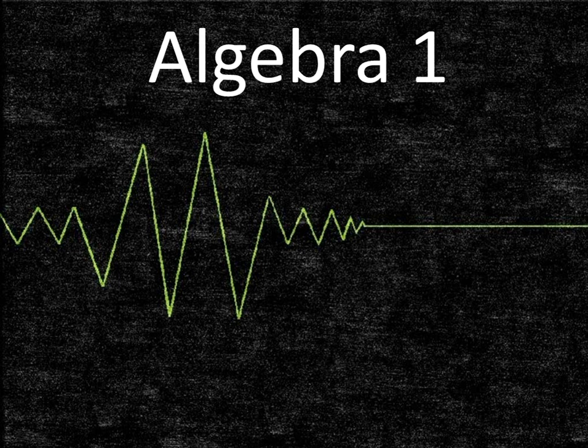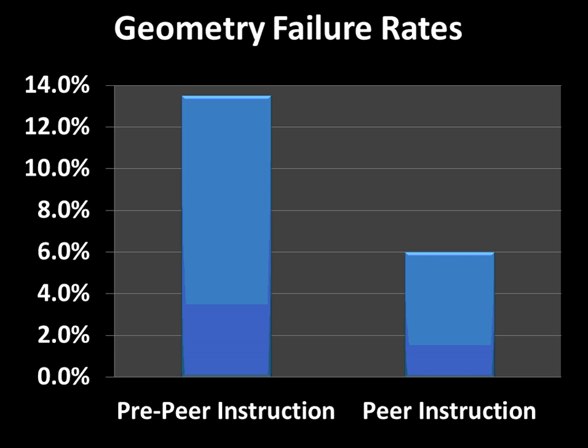Now, looking at Algebra 1, I don't teach it, but another colleague of mine does. We've not really seen any statistical changes up or down in that. One quarter might be better, the next time we teach it, it might be a little bit worse, comparing lecture to peer instruction. But it still does a good job of getting students involved in the learning process.